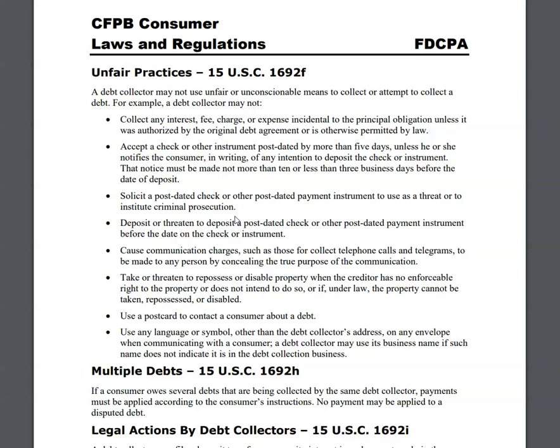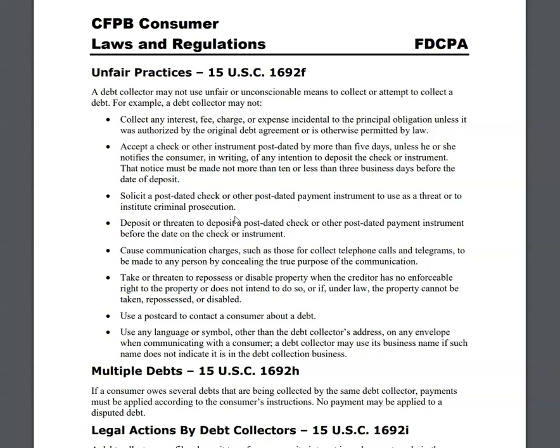I guess we can add texting into there, right? To be made to any person by concealing the true purpose of the communication, take or threaten to repossess or disable property when the creditor has no enforceable right to the property or does not intend to do so, or if under the law the property cannot be taken, repossessed, or disabled.